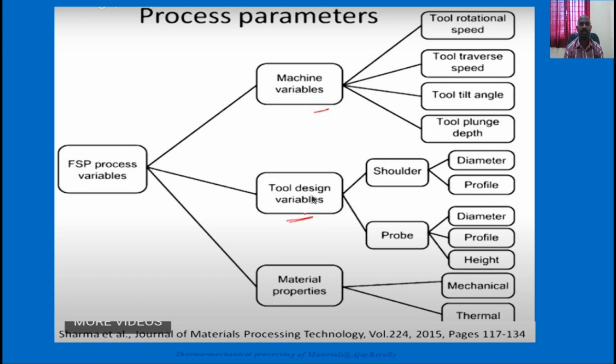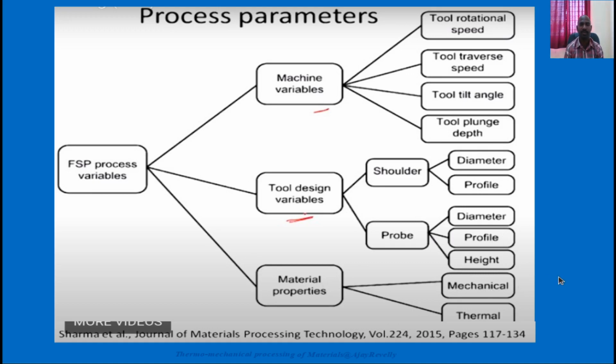And with respect to the design variables, in tool design, shoulder diameter can be varied, profile it could be a tapered profile, the probe is nothing but the pin which is plunged into the workpiece, its diameter can be varied, its tapering can be varied, profile, height can be varied, 2 mm or 3 mm, and what material properties will be enhanced.